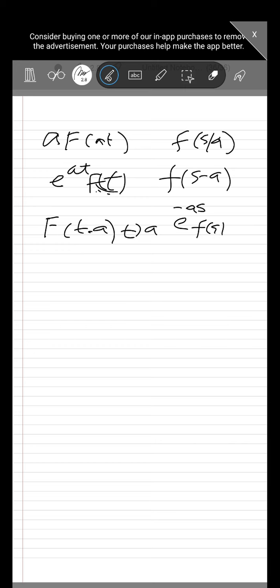If the function is t to the power n minus 1 divided by (n minus 1) factorial, then the corresponding Laplace transform will be 1 by s to the power n, where n runs from 1 to 3.